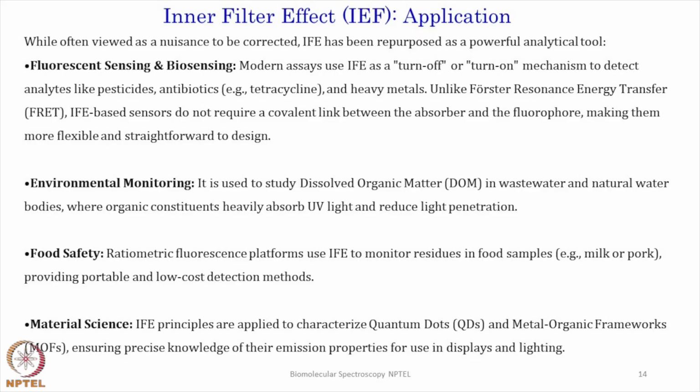You can use this inner filter effect based sensor to link the absorber and fluorophore and make the design more flexible and straightforward. If the absorber and fluorophore are present in proximity, the turn on and turn off mechanism can be used for biosensing also.